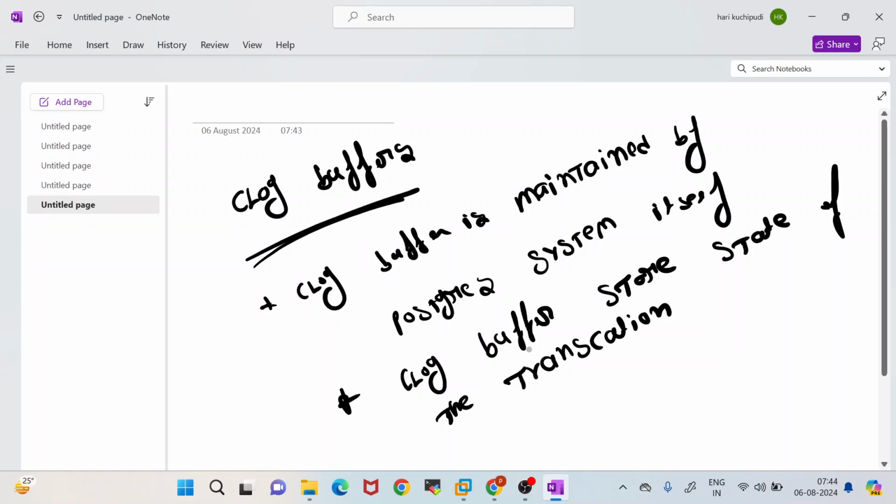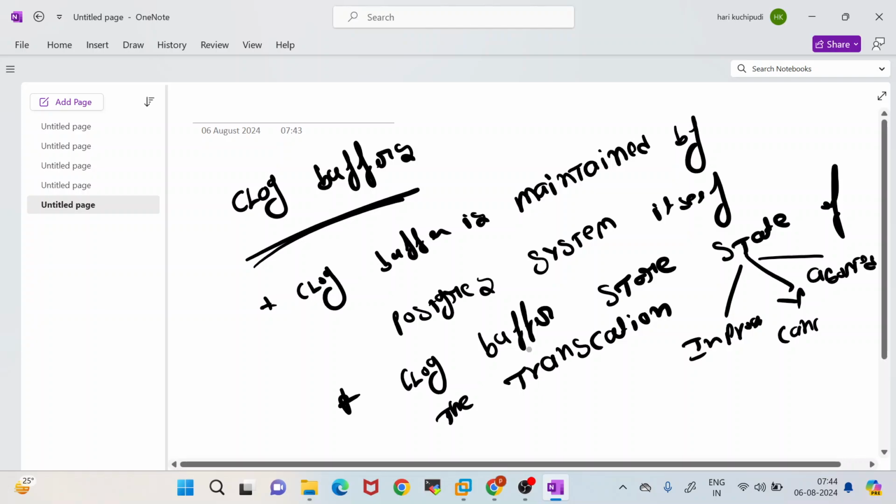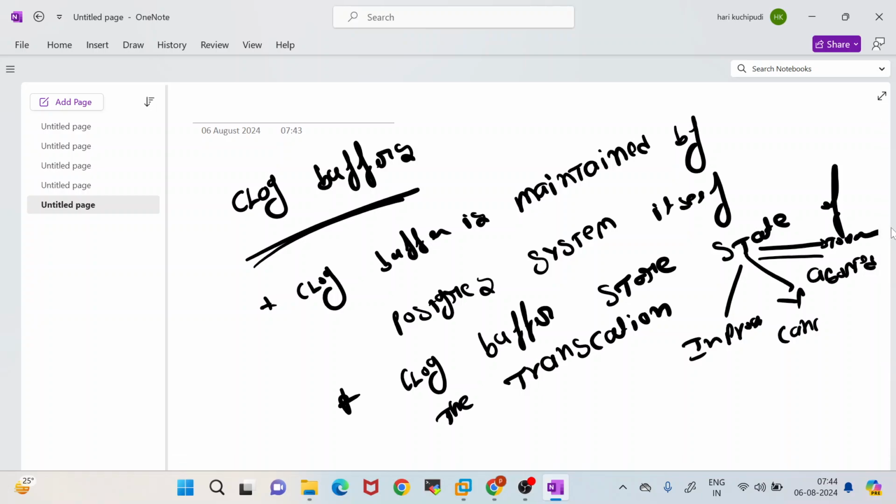The state of the transaction can be in progress, cancelled, aborted, or stopped. Do we have any parameter to increase or decrease the clog buffers? No. Postgres itself maintains the clog buffer area in tiny amounts. So this is about the clog buffers.